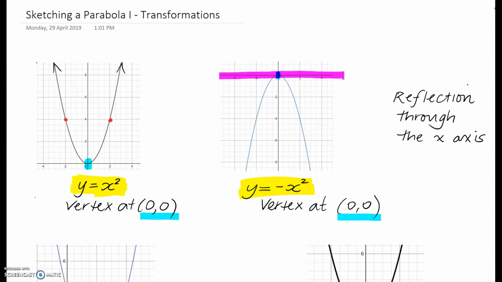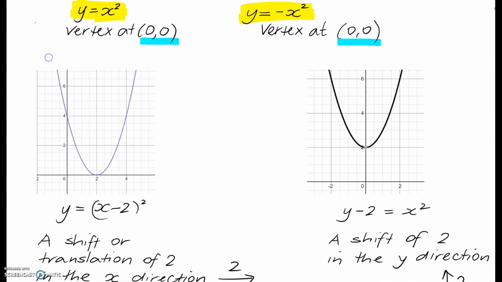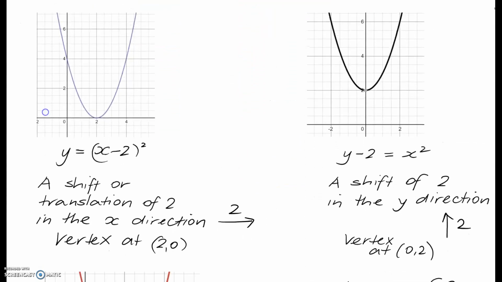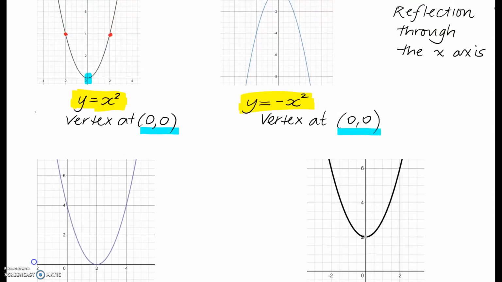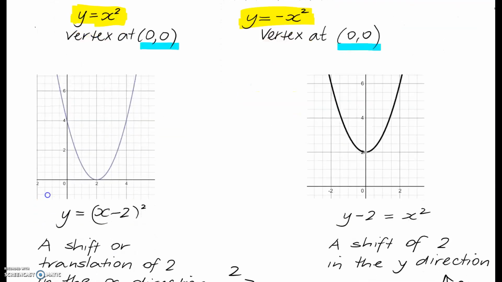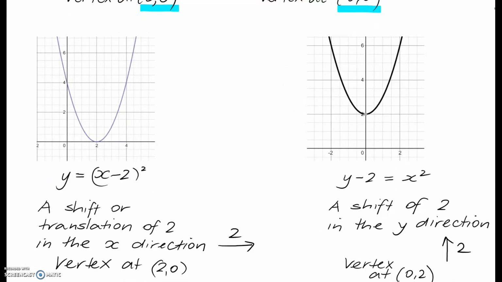Now let's have a look at other transformations. So here, on the left, let's have a look. So my normal y equals x squared, we remember, if we drag this back a bit, can you see that the normal y equals x squared has its vertex at 0, 0, and it's symmetric about the y-axis, right? So what's going on with this one here on the left? It's been shoved over in an x direction, hasn't it?